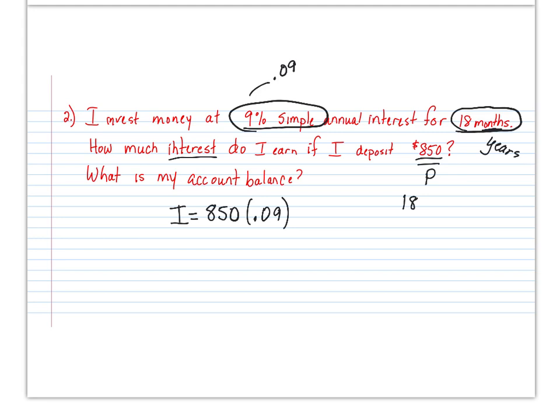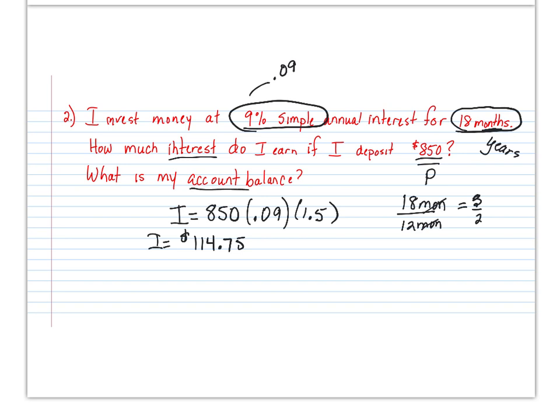But 18 months over 12 months, those cancel out to become a year. And 18 divided by 12 is 3 over 2, which is 1.5. So it's 1.5 years. Plug that into the calculator and you get an interest of $114.75.